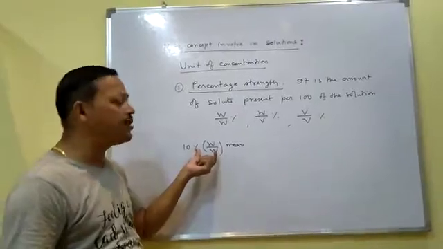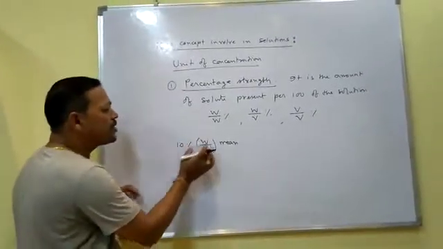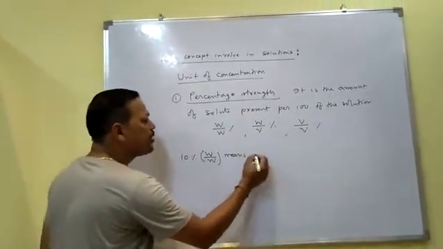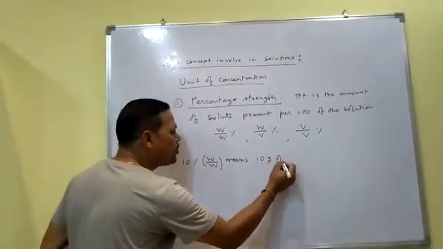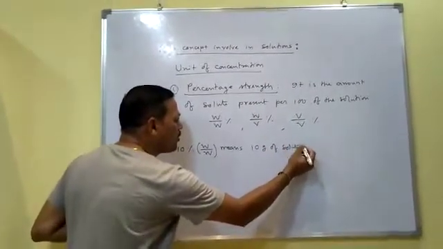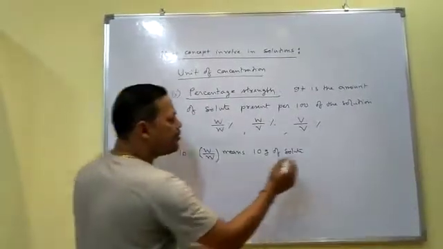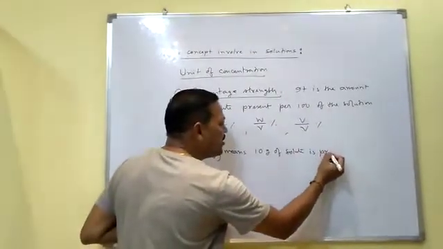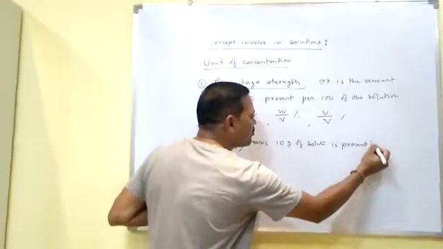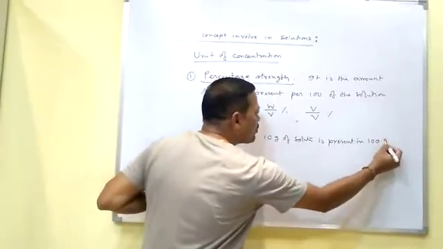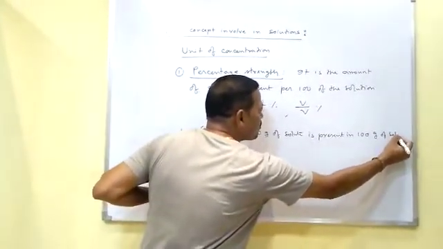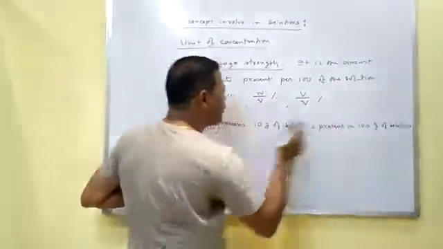So 10% W by W means 10 gram of solute, expressed in gram because you have to consider mass, is present in 100 gram of solution. Both you have to express in gram.